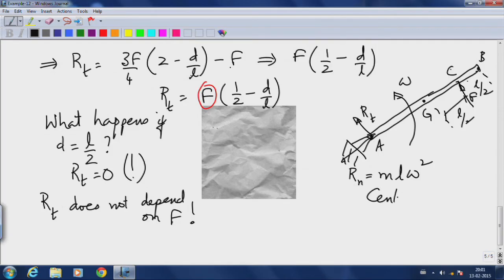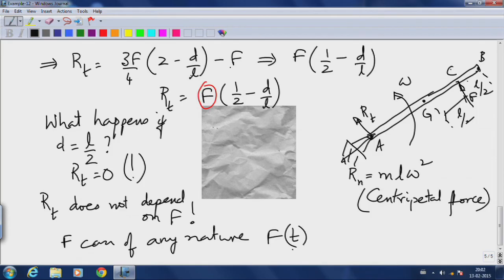That is our centripetal force, or that is the force needed to hold on to the rod in a rotating configuration. R t, however, does not depend on F, which also means that the effect of F is not felt at R t.